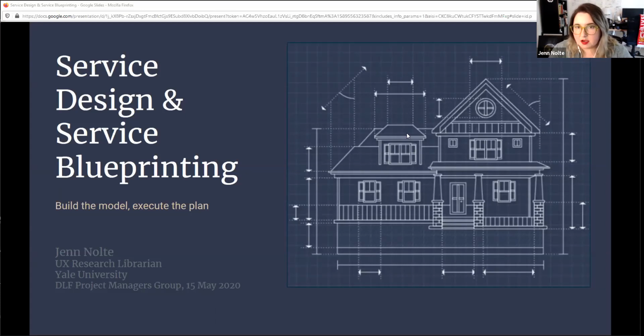It's a practice that in my work we've kind of gotten into quite a bit recently, and I want to go through the rationale for doing service blueprinting, what service design is, and how it relates to user experience and user-centered design.